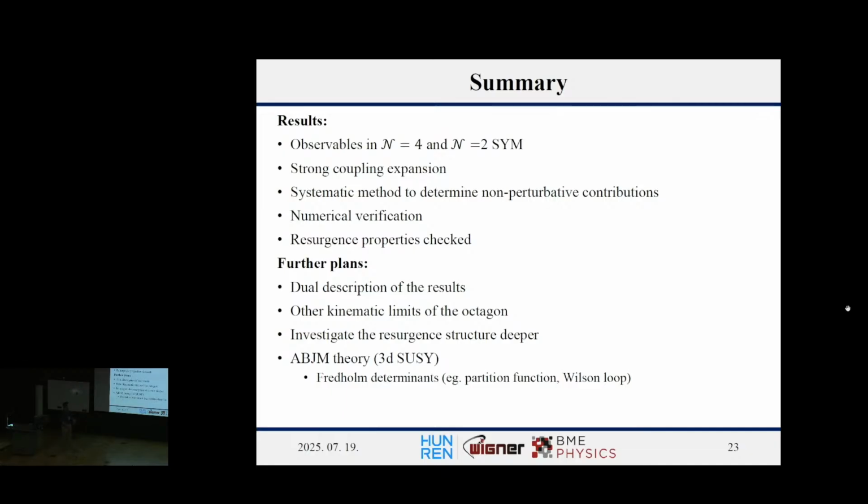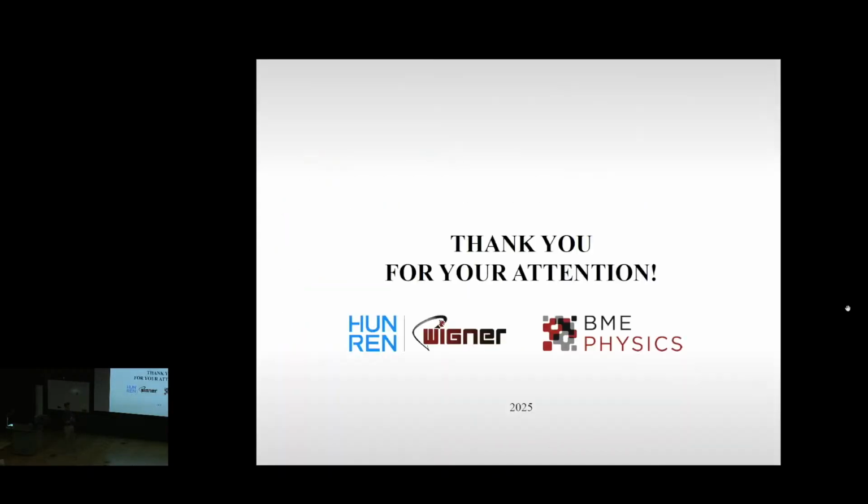We can also investigate some other limits of the octagon form factor, and investigate the resurgence structure a bit deeper. There is a whole mathematical machinery behind that, which we don't really understand yet. And there are also other theories, for example the ABJM theory, where some Fredholm determinants and these resolvent functions seem to be quite useful. So thank you for your attention.